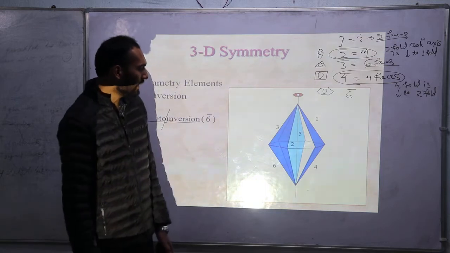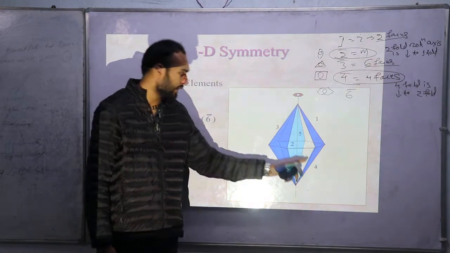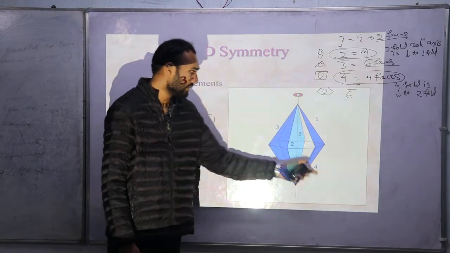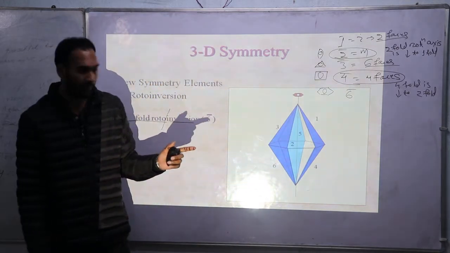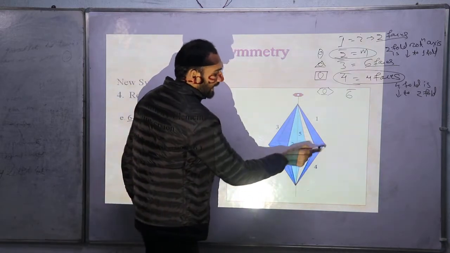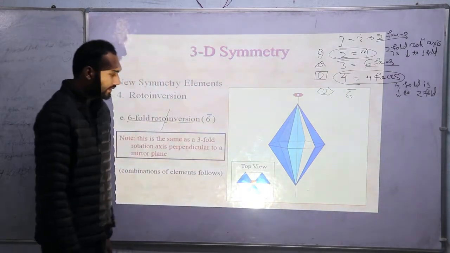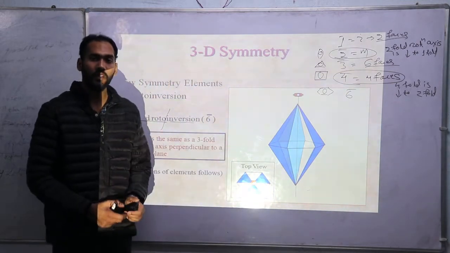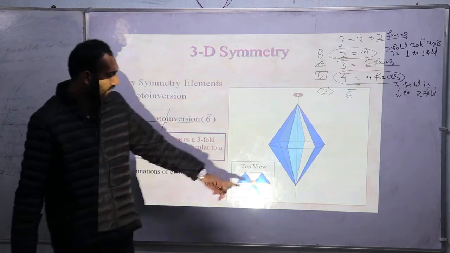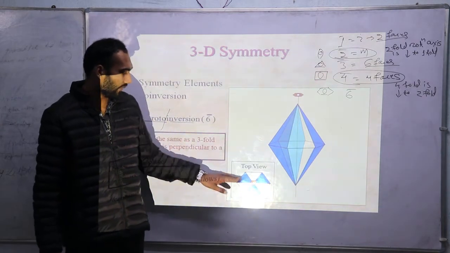So what are you finding? You are finding 6 faces, 3 in the upper hemisphere, 3 in the lower hemisphere. And if you see, the upper hemisphere faces are exactly on top of the lower hemisphere faces. If you see from the top, you are finding 3 faces, because these are only the upper faces.